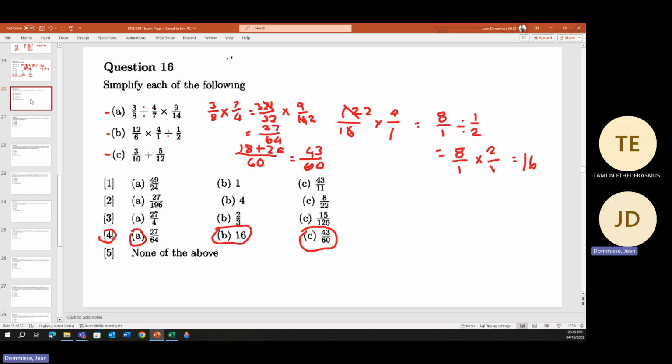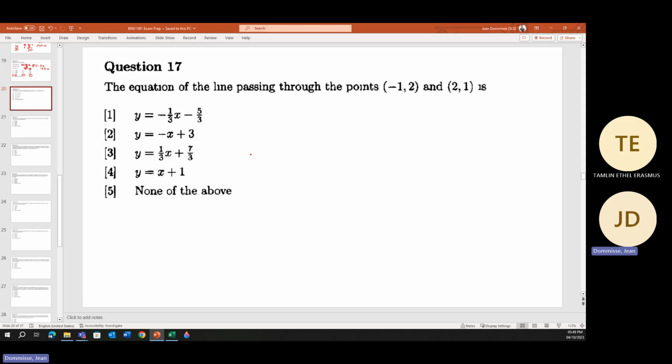Okay, so let's look at the next one. Now we're going into equations, and they ask us the equation of a line passing through these points is. So they don't tell us. We need to nearly work that out.